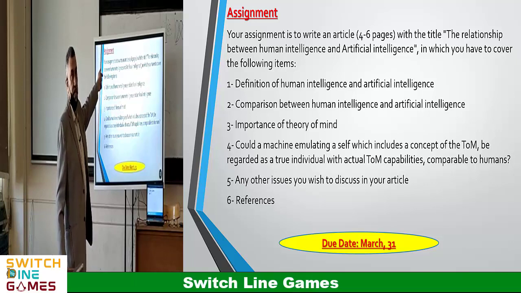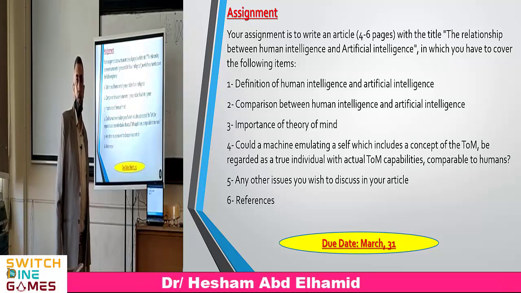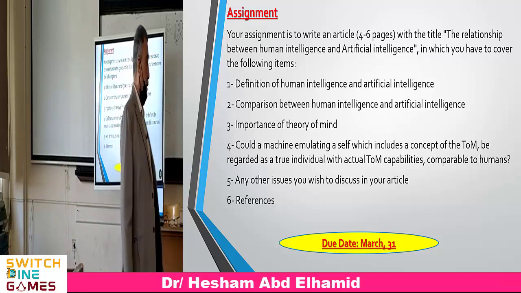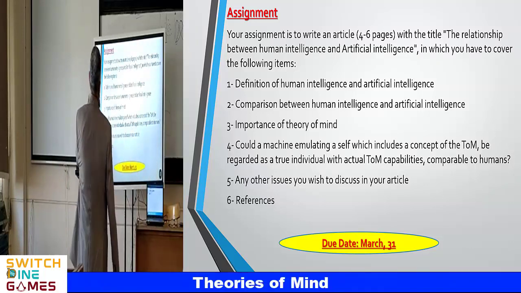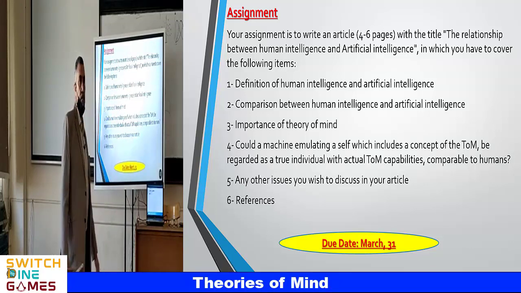And the four elements should be: number one, the definition of human intelligence and artificial intelligence. Number two, you have to compare between the artificial and human intelligence. Number three, importance of theory of mind.